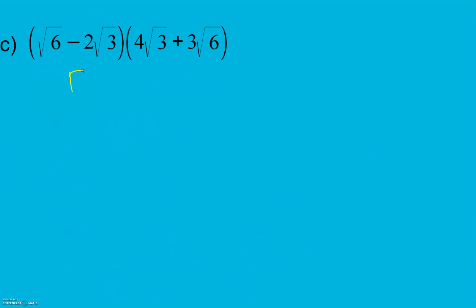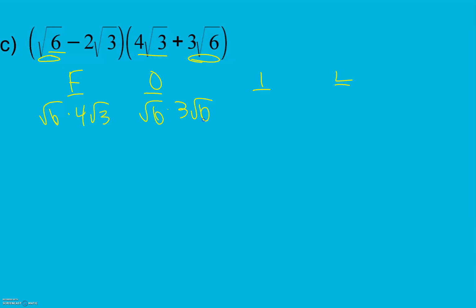See here, again, we're going to FOIL. 2 things times 2 things. 2 terms times 2 terms. Square root of 6 times whole number 4 times the square root of 3. Outsides. Insides, take that sign with that number.